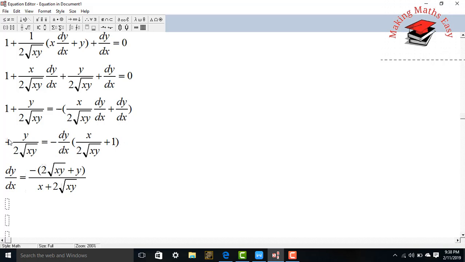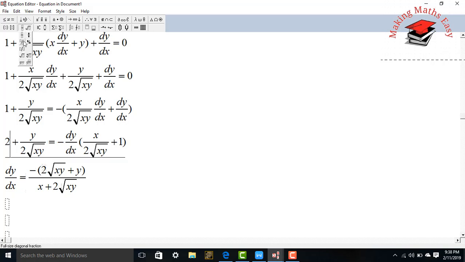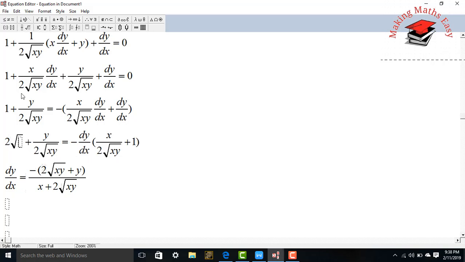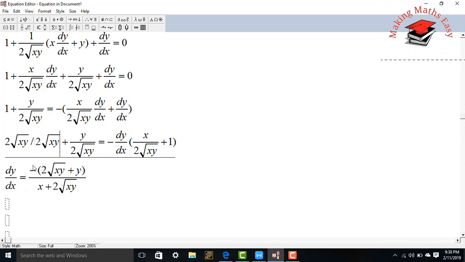So after multiplying 2 square root of xy with 1, we will get 2 square root of xy divided by 2 square root of xy, and then the denominator will be the same, so I will get 2 square root of xy plus 1 plus y in this case.